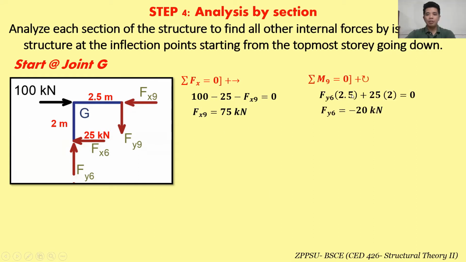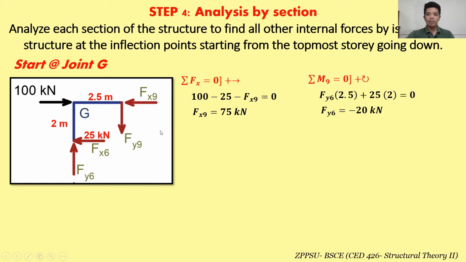So now, we're going to sum up moments about point 9 dito, so that we can calculate the value for Fy6. So Fy6 times the moment arm of 2.5, ito, perpendicular distance, plus 25 times perpendicular distance of 2 meters, all equal to 0.